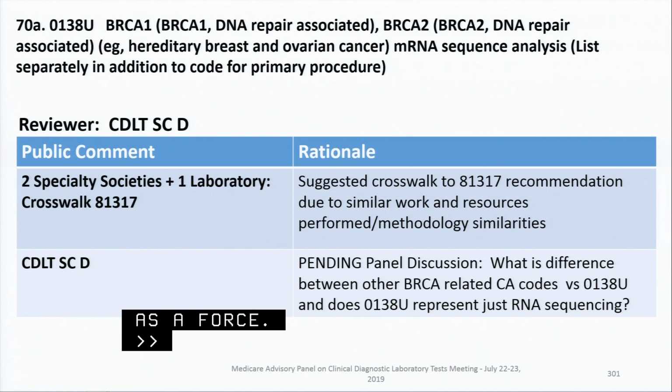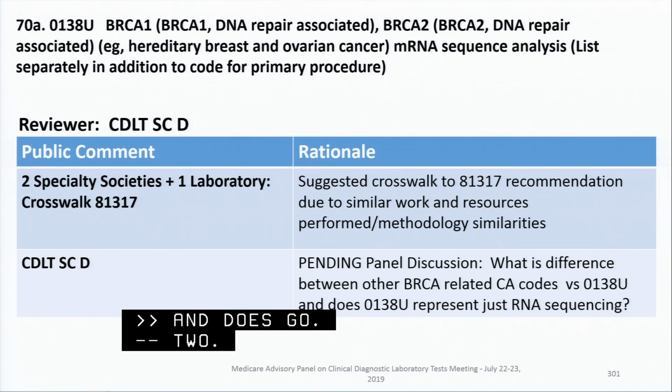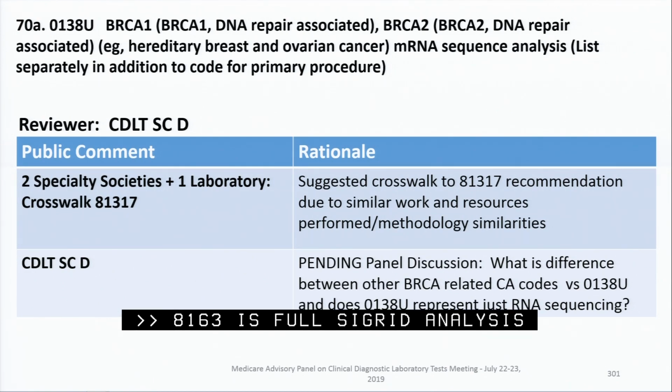Yes. And it's BRCA 1 and 2. Correct? Oh, mRNA sequencing. Right. 81163 is full sequence analysis of BRCA 1 and BRCA 2. I misheard the numbers. Yeah, that was correct.